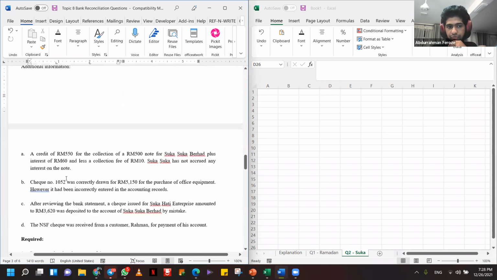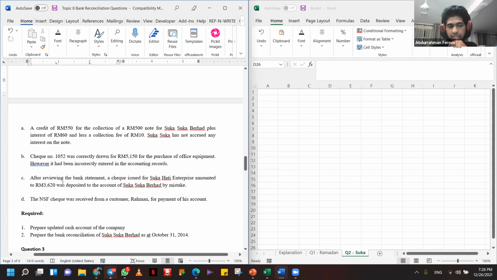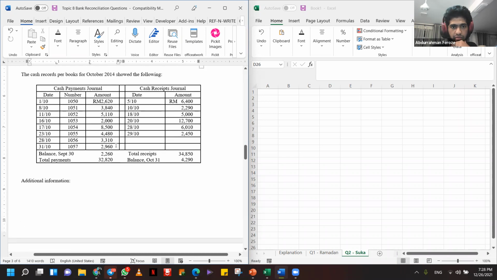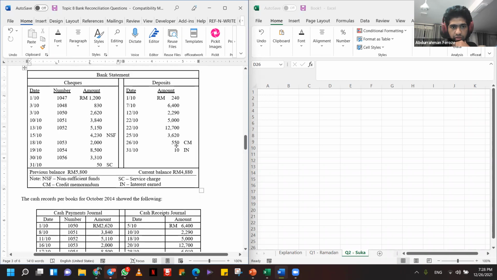Cash book error. And then number C, after reviewing the bank statement, the check issued for Sugi Hati Enterprise amounted to 3,620 was deposited to the account of Suka Suka Berhad by mistake. Deposits, yeah.